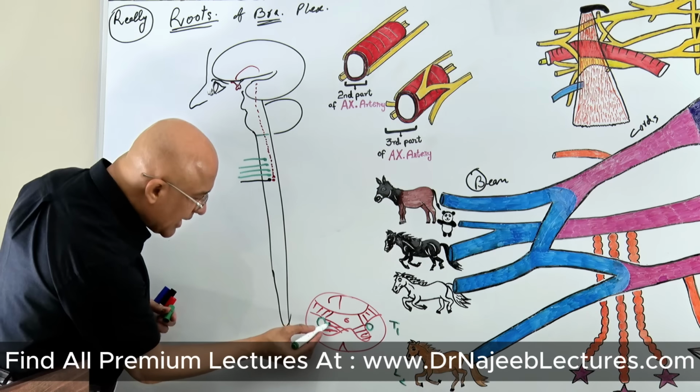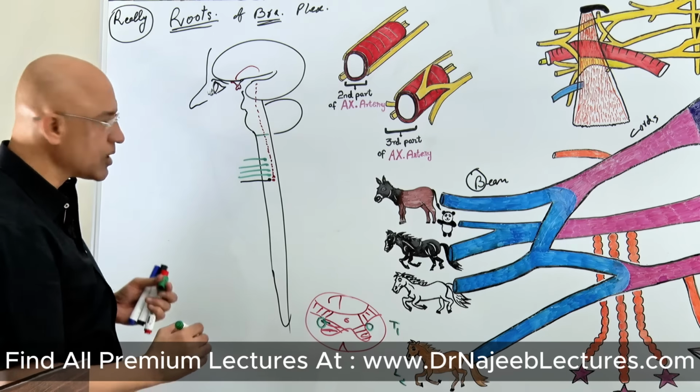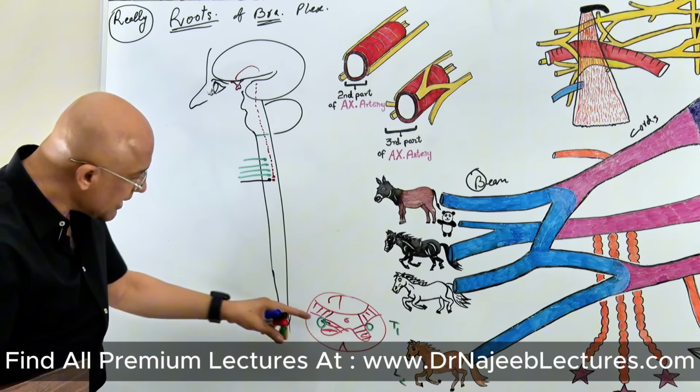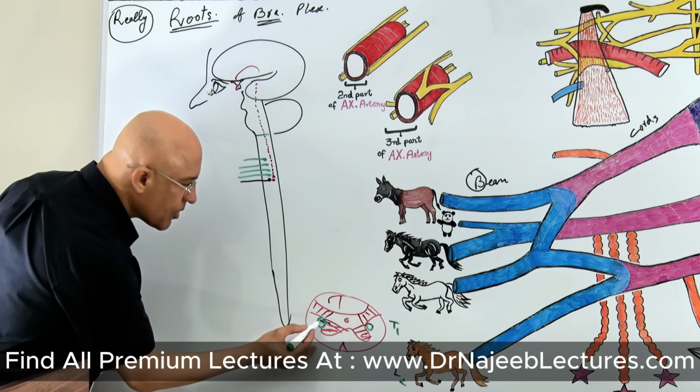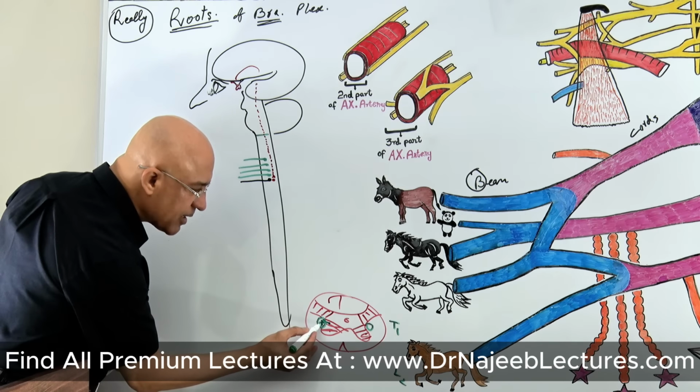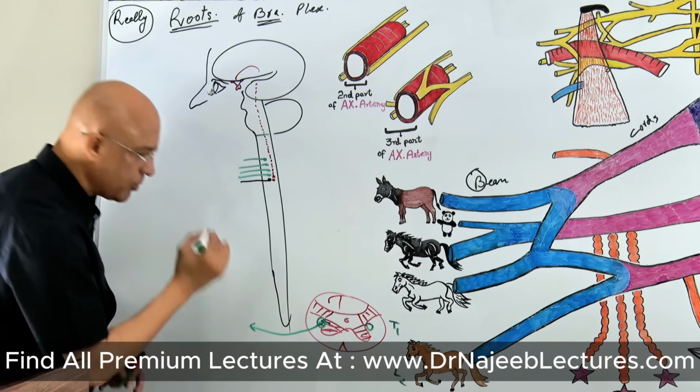This is called the lateral horn. These lateral horns have cell bodies of preganglionic sympathetic outflow.